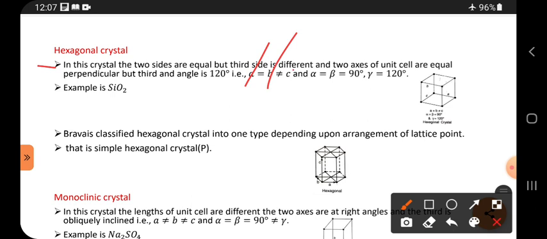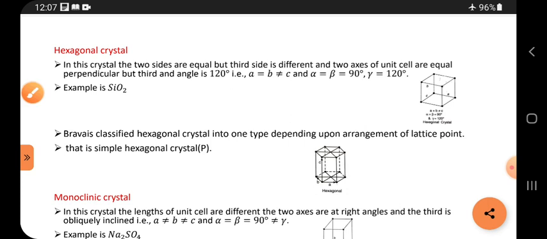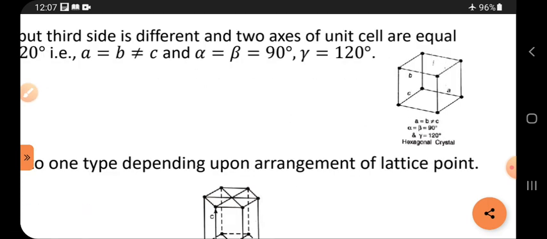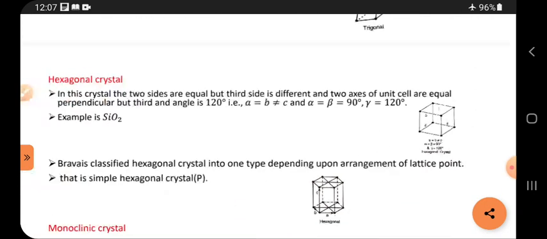Only two axes of the unit cell are equal and perpendicular to each other, but the third angle is 120 degrees. Alpha equals beta equals 90, but gamma is 120 degrees. Only gamma of 120 is present in the hexagonal diagram.